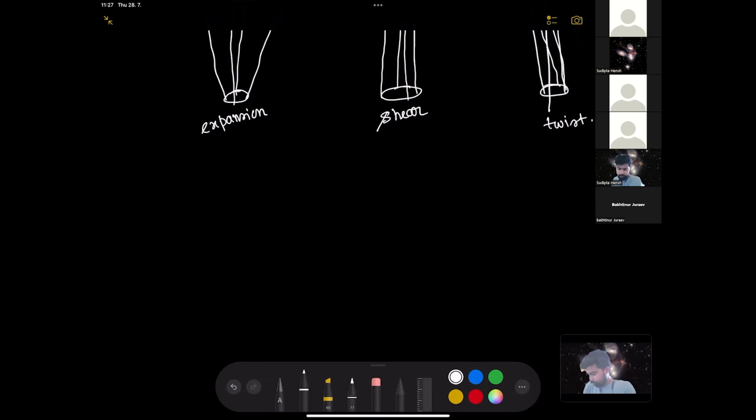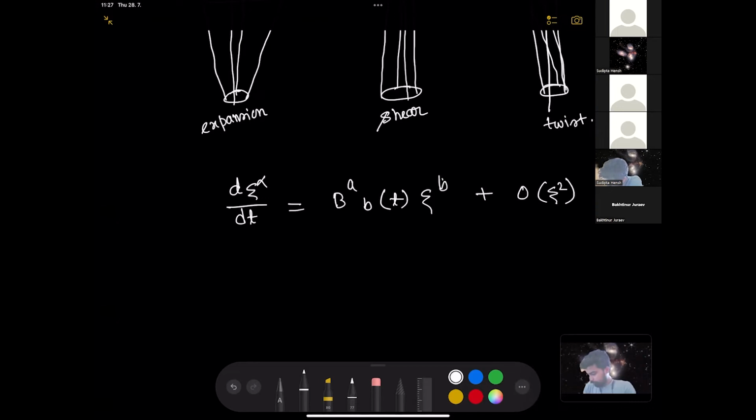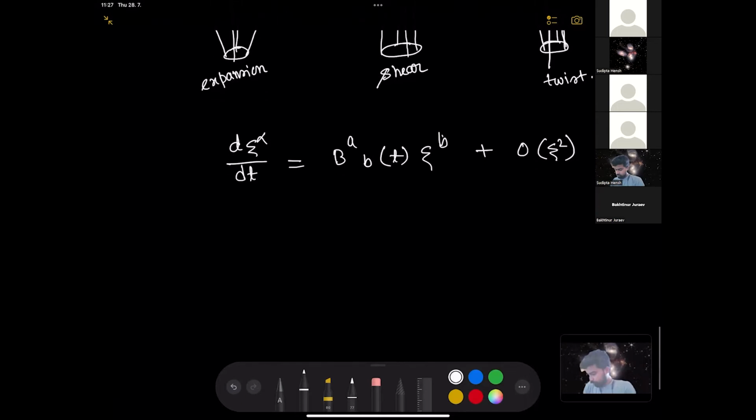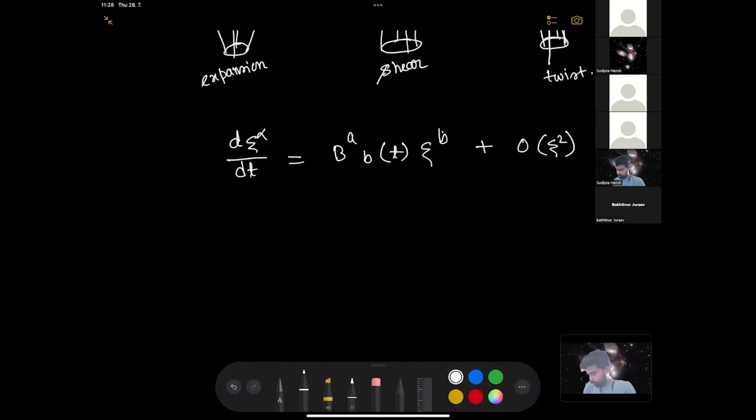So in a pure Newtonian framework, for a sufficiently small displacement, let's say xi alpha, we can write d xi alpha dt is proportional to B alpha beta xi beta, plus some higher order. We will neglect this higher order contribution and only stick to the first order.